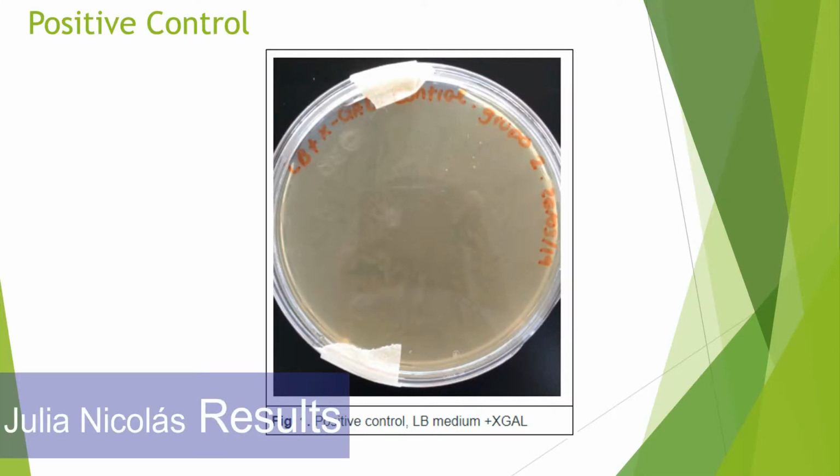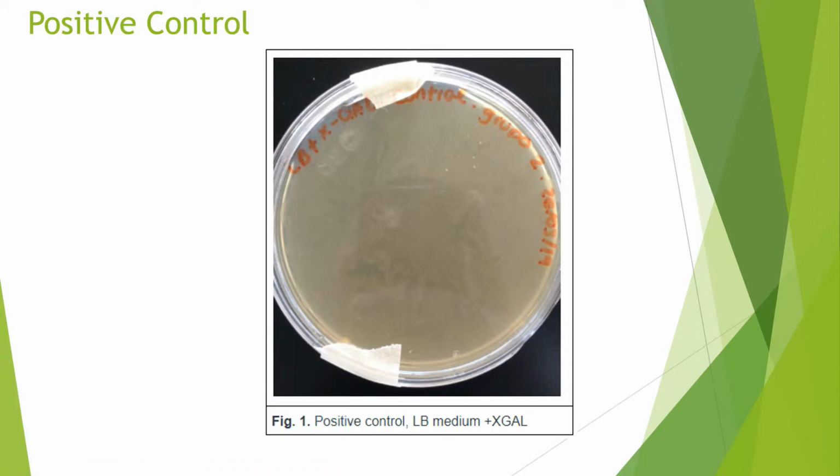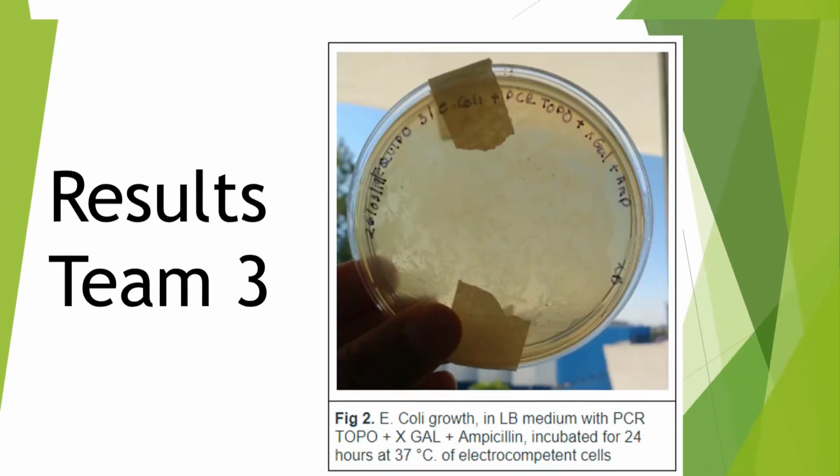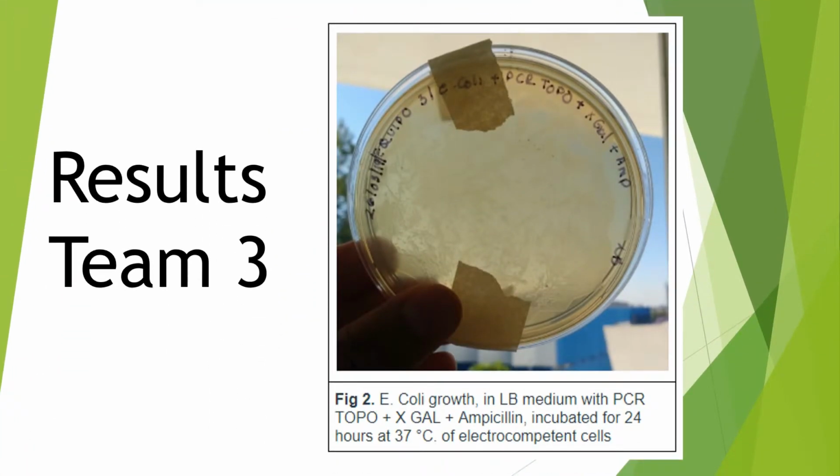From the results, Figure 1 shows the control, LB medium plus X-gal. From the results of Team 3, Figure 2, a plate in LB medium with PCR-TOPO plus X-gal plus ampicillin, incubated for 24 hours at 37 degrees Celsius, of electrocompetent cells.